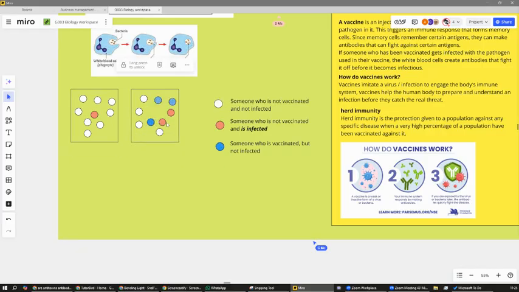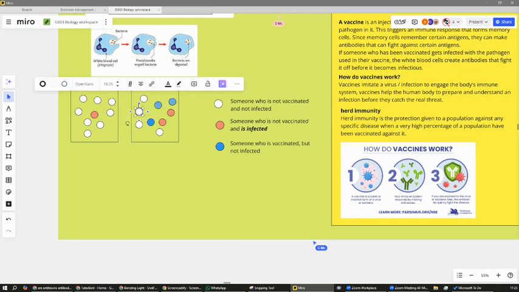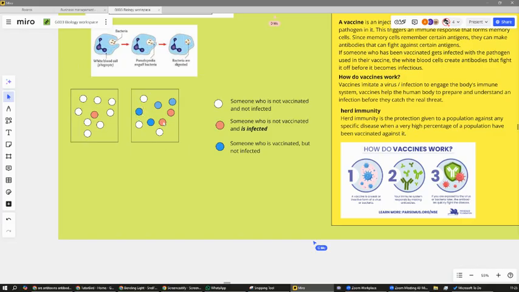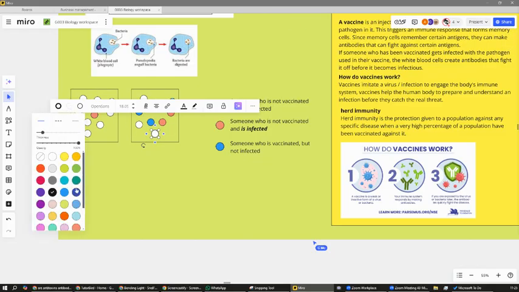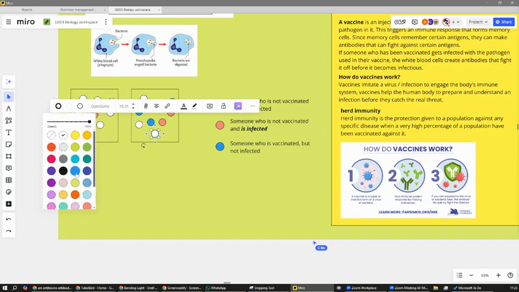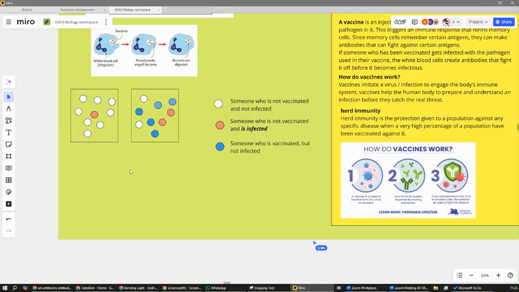All right, and so basically, these vaccinated people, the more we have of them, the more they act as kind of barriers for the disease spreading. So it's almost like when there's a fire spreading, and you put something in the way to stop the fire from spreading, like a lake.